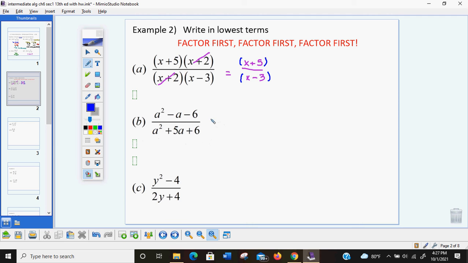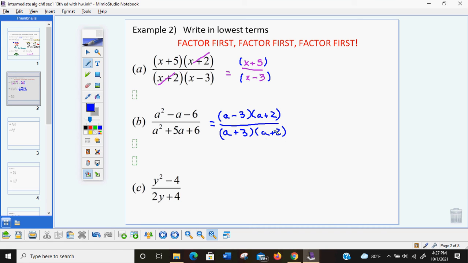Let's look at the next one. Factor first. The top of this would factor into a minus 3 times a plus 2. The bottom is going to factor into a plus 3 times a plus 2.